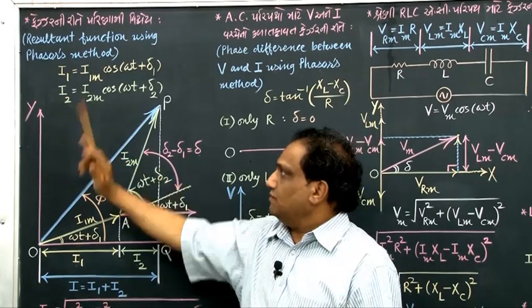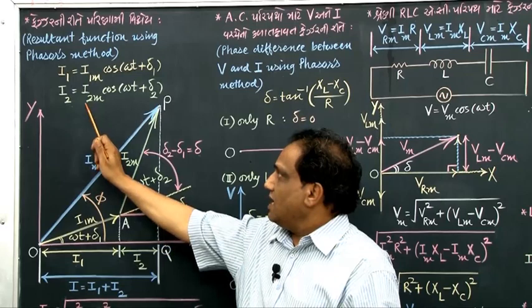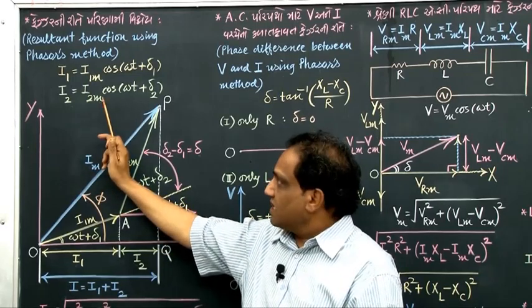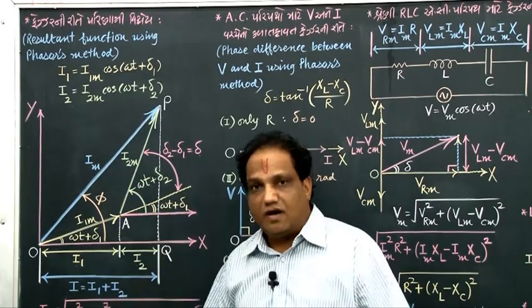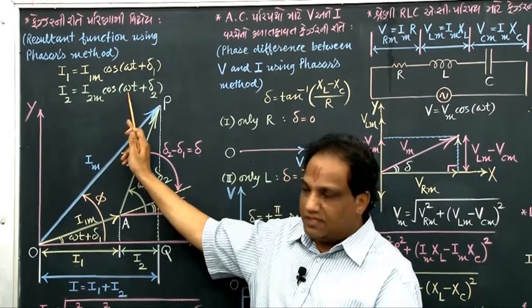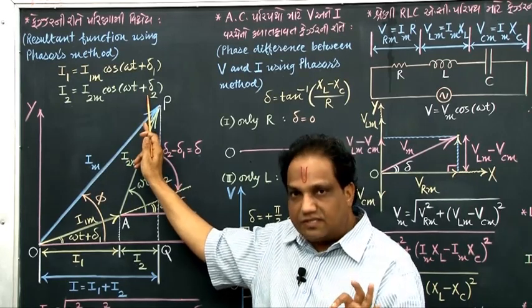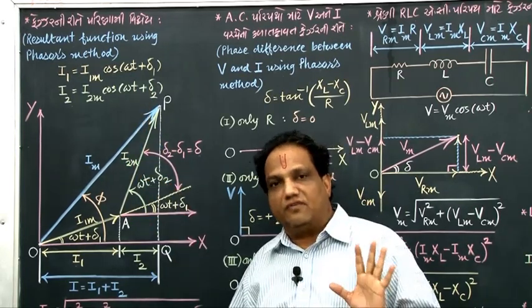What about I2? It is the instantaneous value of the second function. I2m is the maximum value of the second function. Omega is angular frequency, t is given time, delta 2 is the initial phase of the second function.